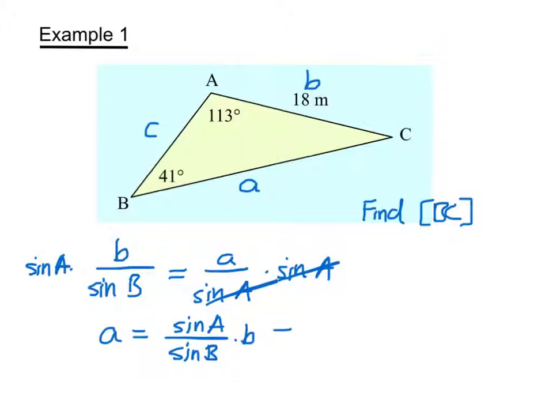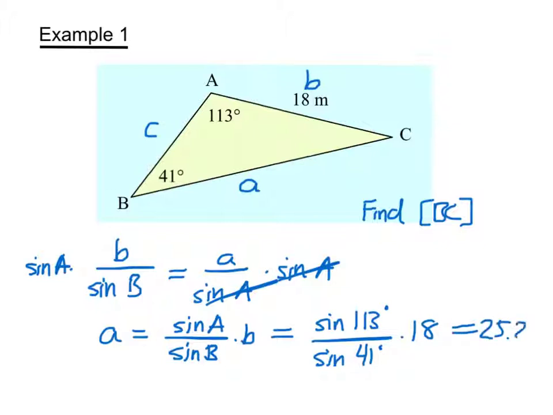And now I can fill in the appropriate numbers. So I have the sine of 113 over the sine of 41 times 18. And this equals 25.26 meters.